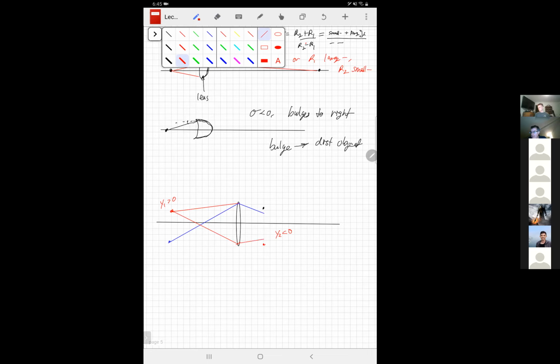That's the rule. And likewise for the other rays. So if I flip everything, then y had better flip.